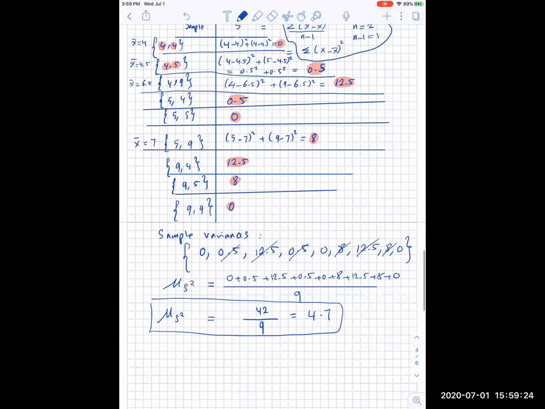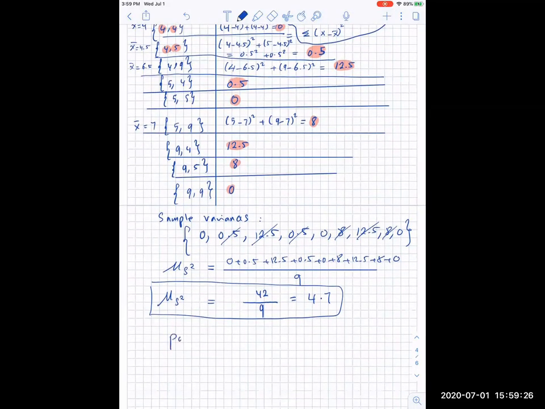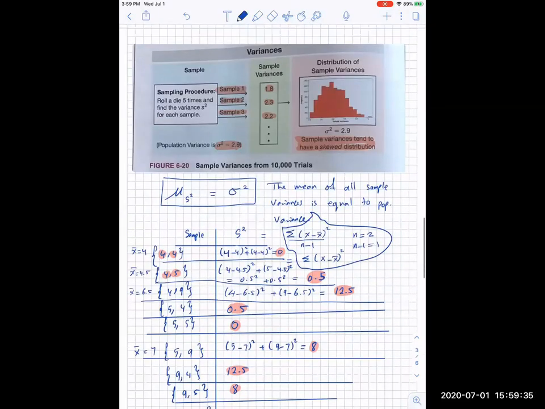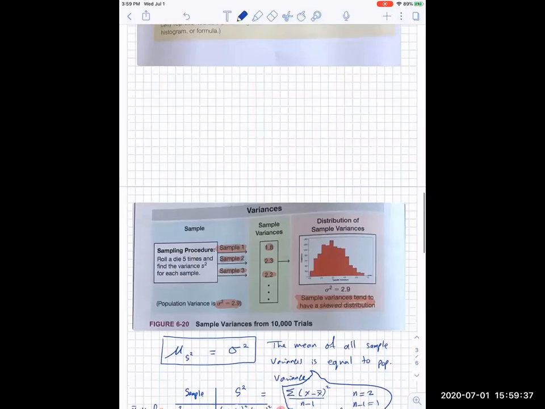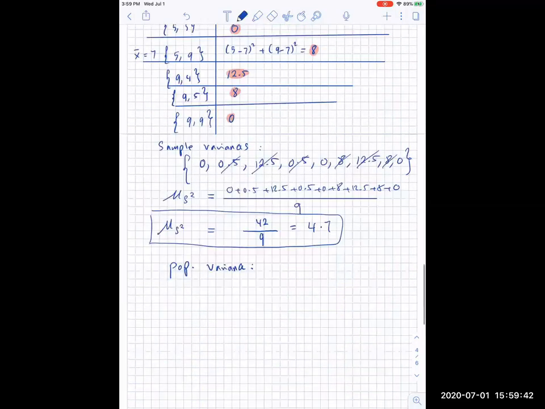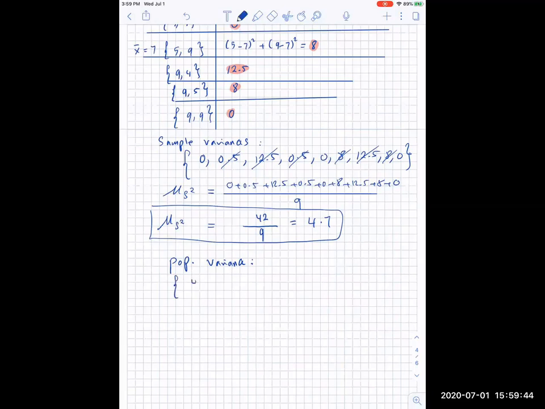Now, what is the population variance? Our population set is what? The three original numbers where we have 4, 5, and 9. What is the population mean? Population mean is, we said, 6.